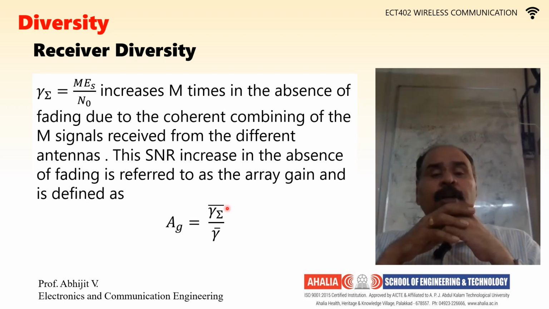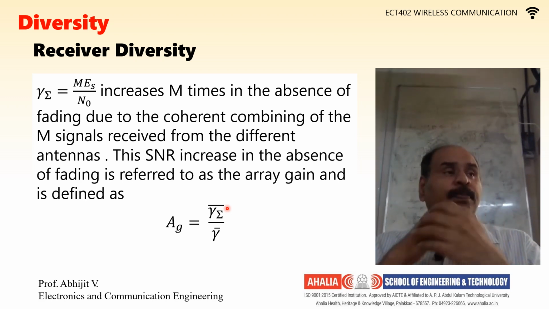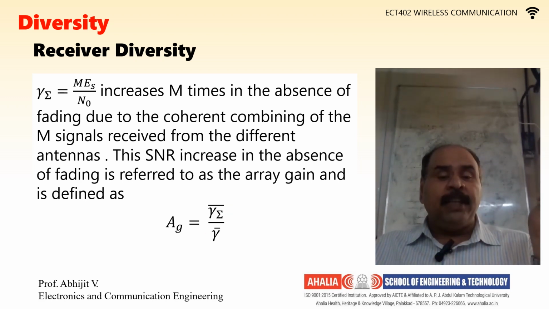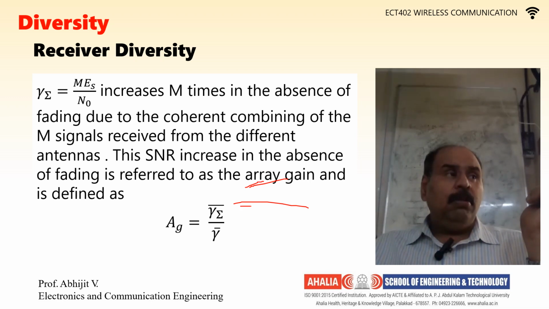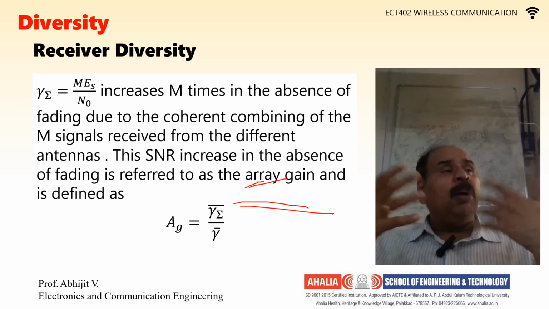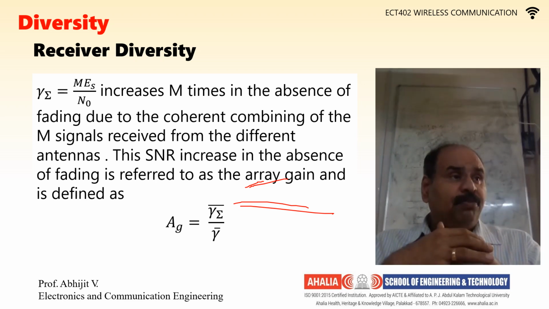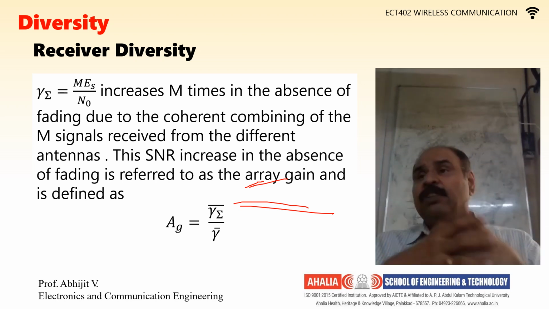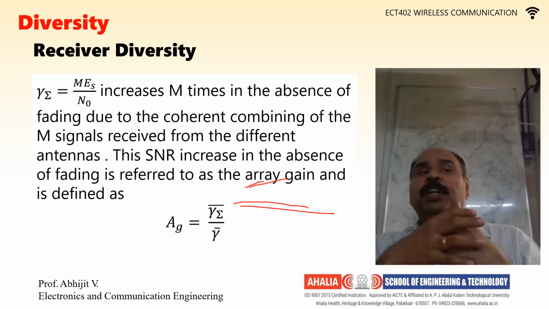This signal to noise ratio increase in the absence of fading is referred to as array gain or power gain. Array gain means what we are gaining through diversity. So array gain is a very important definition.